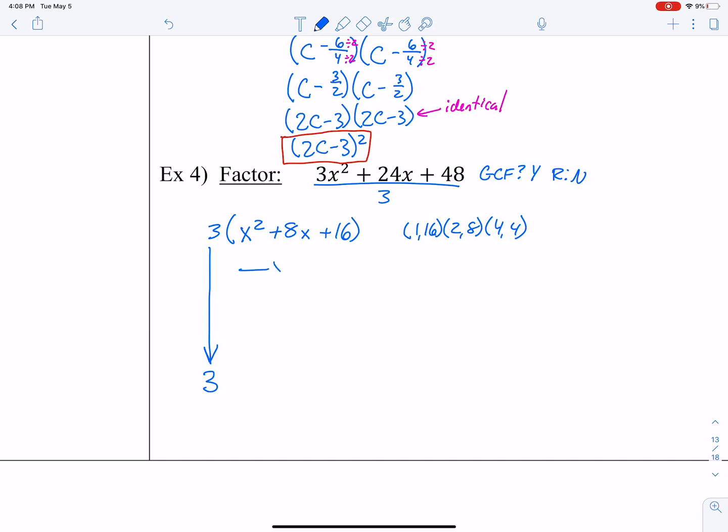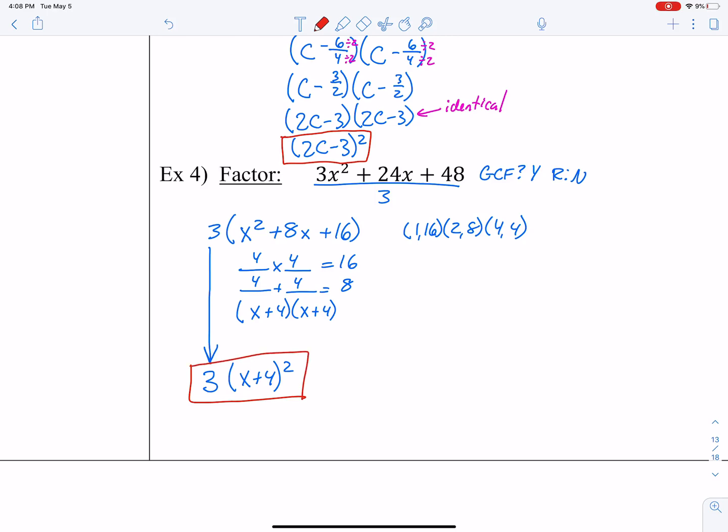So I need two numbers that multiply together to give me 16 and add together to give me 8. In this case, it's 4 and 4. So now my two brackets are x plus 4, x plus 4. I notice that they're identical. So for my final answer, I'm going to write x plus 4 and then put the little squared on it. So that is my final answer.